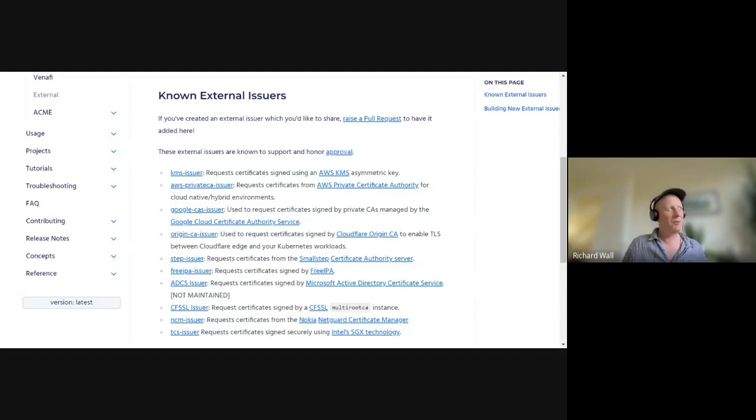I suppose such a health check process would give us early warning of those unmaintained issuers, and maybe we would find the most up-to-date fork sooner if one exists. I can't remember which issuer it was, but anyway.